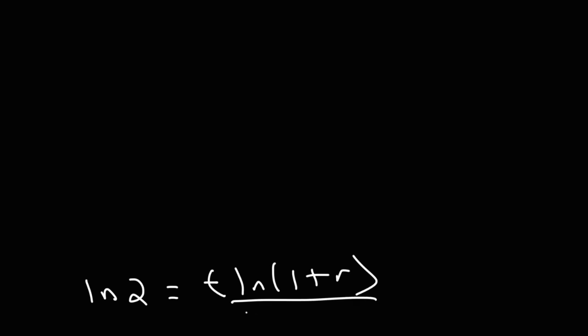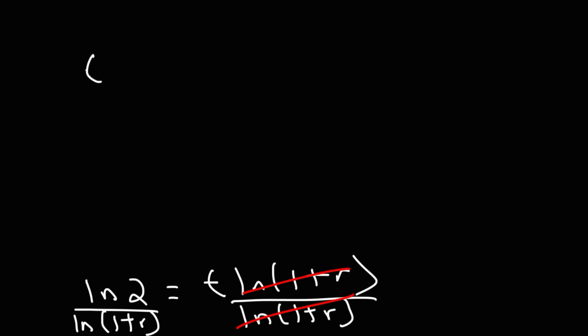To get t by itself, we need to divide both sides by ln 1 plus r. And so we get this formula. The time it takes to double is equal to the natural log of 2 divided by the natural log of 1 plus r.